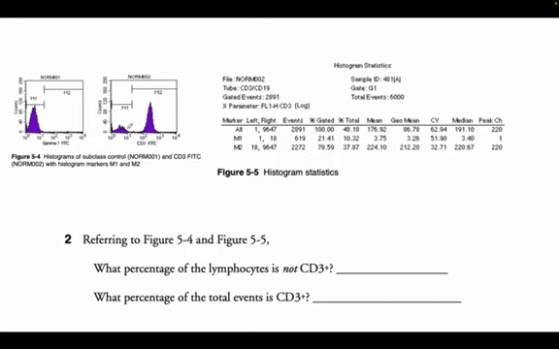Now if I define these two markers, then I can also get statistics for these two populations. Here I can see in the M1 marker, I'm getting 619 events. Percent gated is 21.41, which means 21% of the total population is present in the M1 gate.